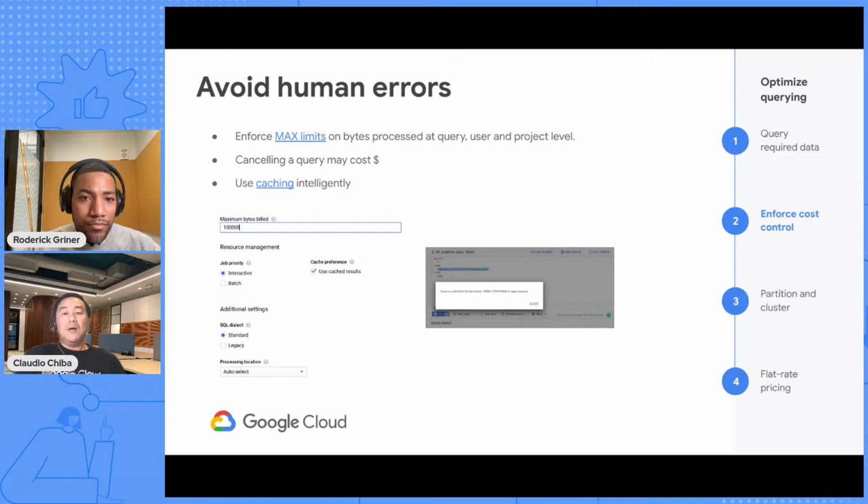And another feature that you can use, and very smart, is using cache. If you run the same query more than one time, the cache can be used, but it must be the same. You can leverage the use of a service account to make better use of the caching.